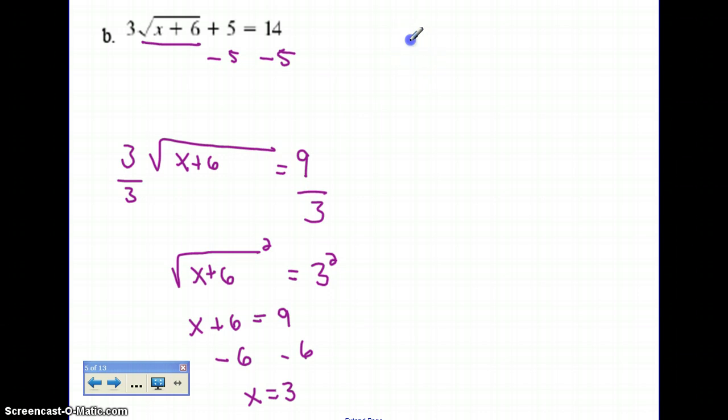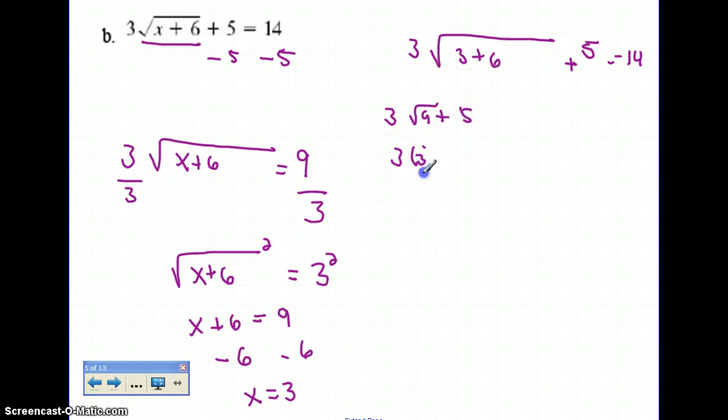Let's check to see if it works. I'm doing 3 times the square root of 3 plus 6, plus 5, and that should equal 14. I got 3 times the square root of 9, plus 5. That's 3 times 3 plus 5, which is 9 plus 5, which equals 14. So that checks out.